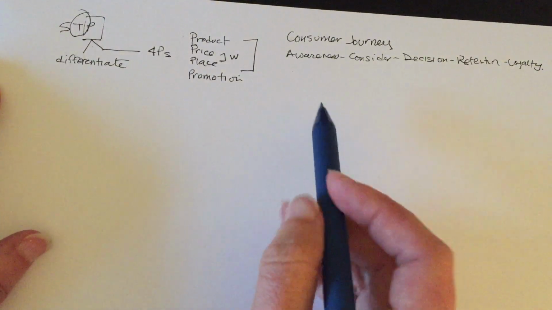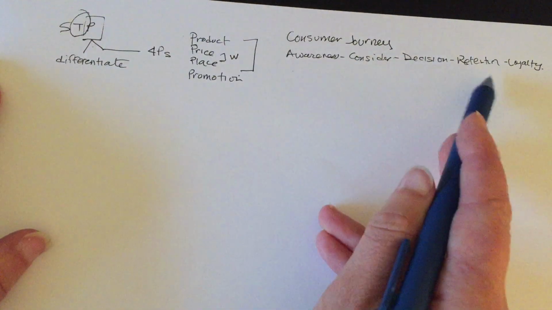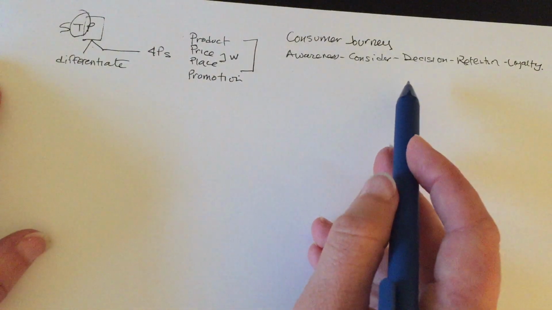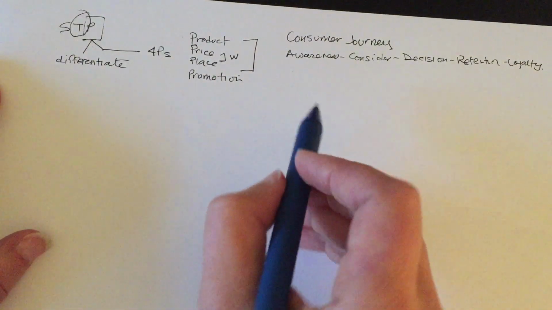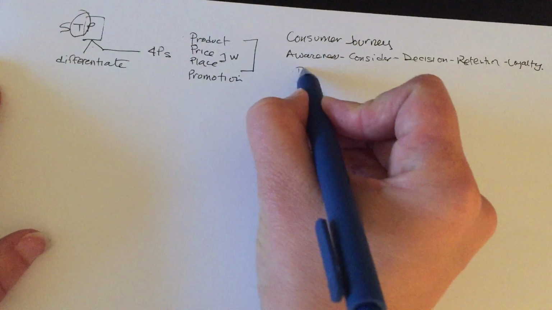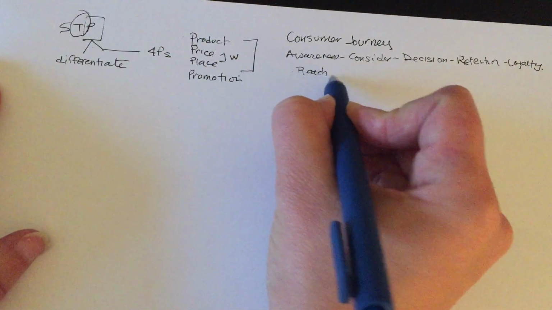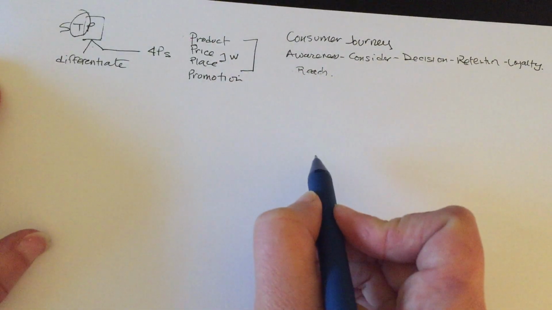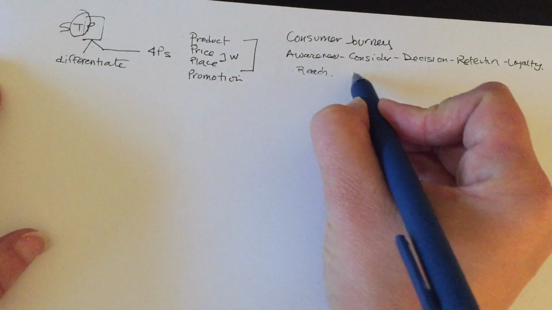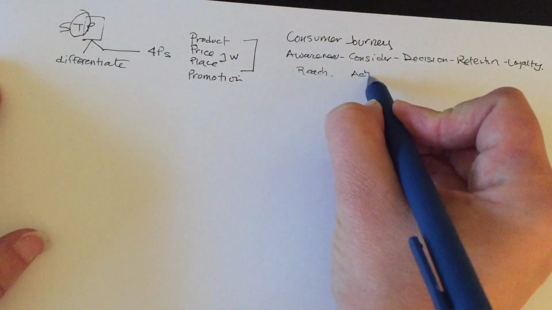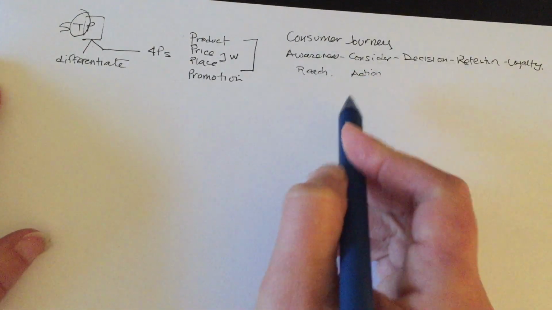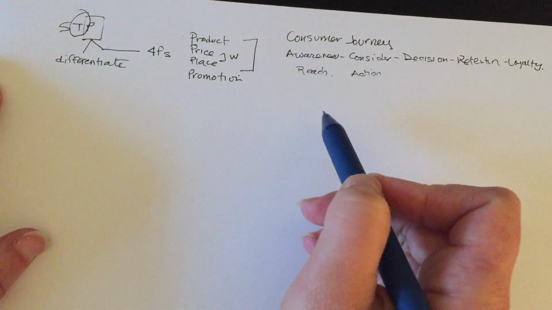Now, the marketing decisions that happen at each of these stages are related to, well, how do we reach that audience? How do we create awareness? How do we interact with people when they are considering their decision?